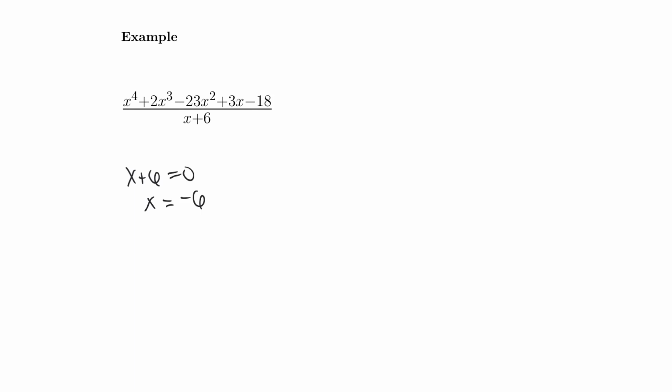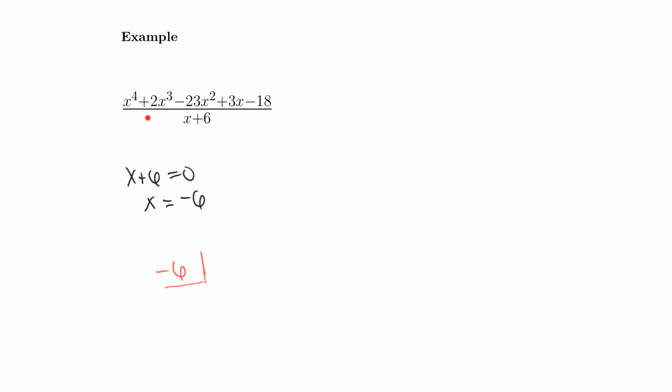So we take minus 6 and divide it by all the coefficients in the polynomial in the numerator, in the top part of our fraction. Remember, it's just the coefficients. Another thing to point out here is to make sure that you have your polynomial in order.